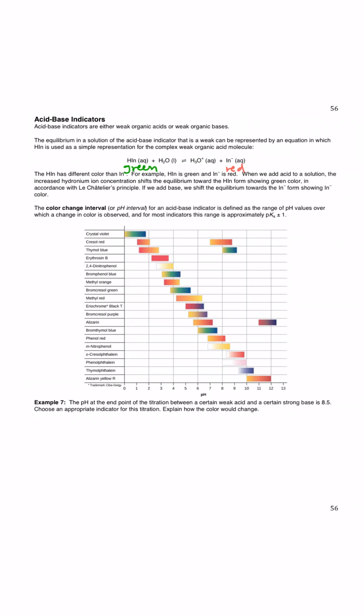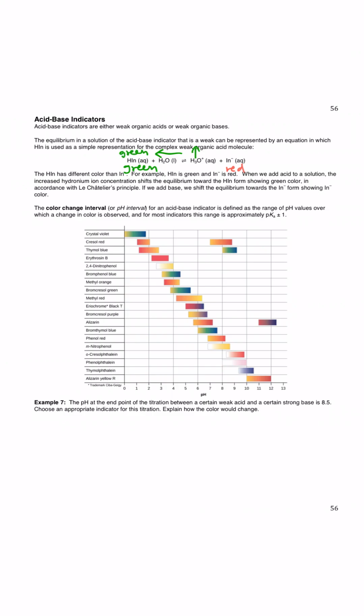According to Le Chatelier's principle, if the indicator is present in an acidic solution, the acidic solution will have a high concentration of hydronium ions. Therefore, as the concentration of hydronium ions increases, it's going to make the reaction shift to the left toward the green color. Therefore, the indicator will appear green.